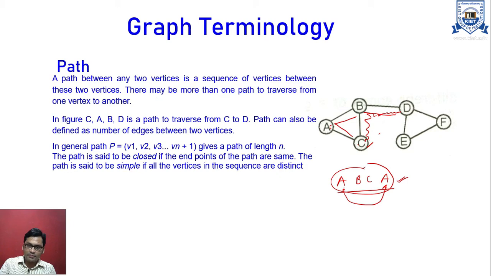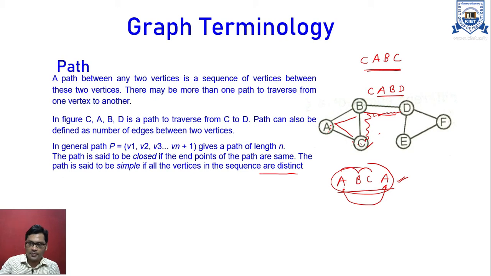And CABD is a simple path. A path is said to be simple if all the vertices in the sequence are distinct. They should not be the same. CABD is a simple path. But CABC is a closed path.